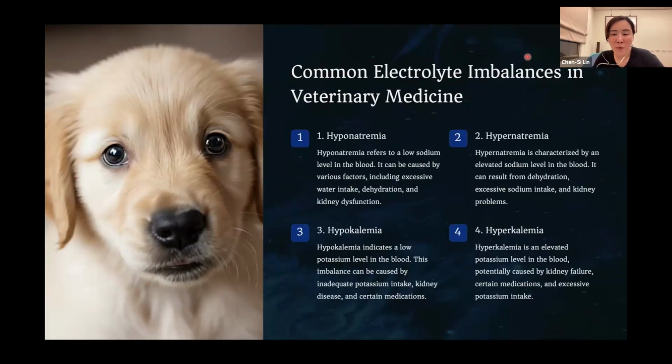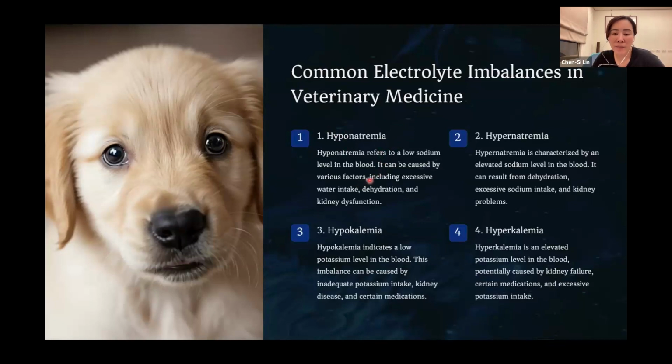Hyponatremia means the sodium concentration within the blood is lower than the reference range. And what reasons will result in hyponatremia?